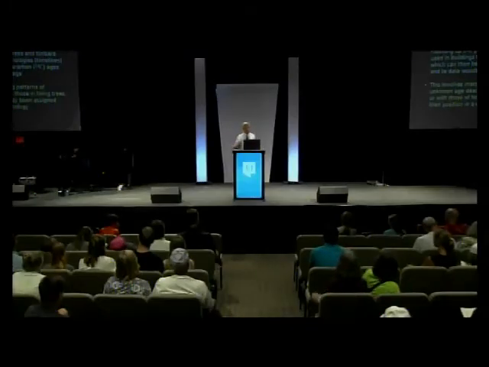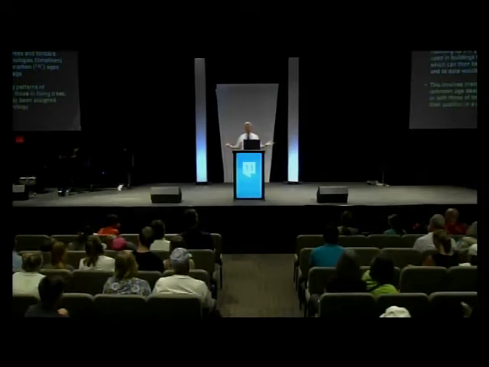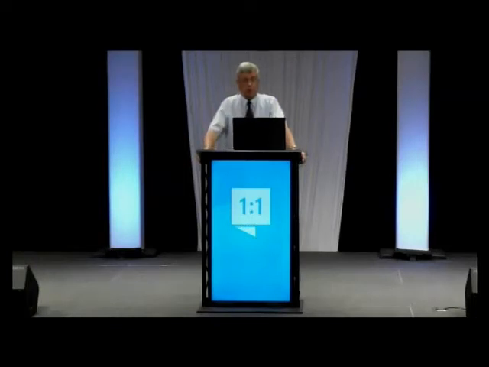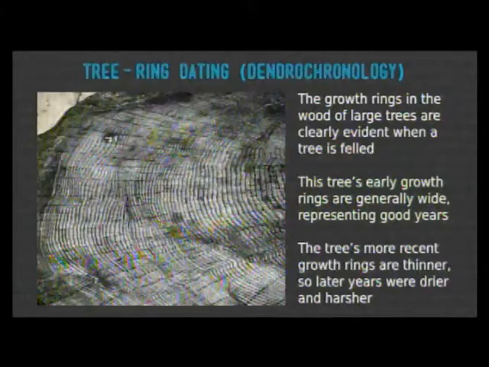This involves matching the rings between the different samples and the ring patterns of unknown age dead trees or timbers with those of living trees, or with timbers that have already been assigned a position within the master chronology, the tree ring chronology. How is this done?